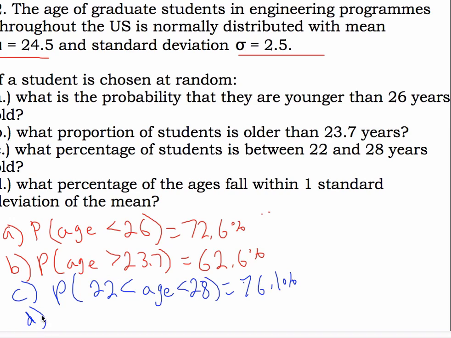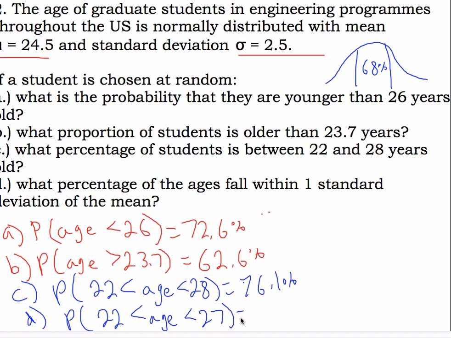Part D, what percentage of ages fall within 1 standard deviation of the mean? That's actually pretty easy. You should know your normal distribution, within 1 standard deviation of the mean is always going to be 68%. So 1 standard deviation is 2.5, so the probability from 22 years of age to 27 years of age should be 68%.